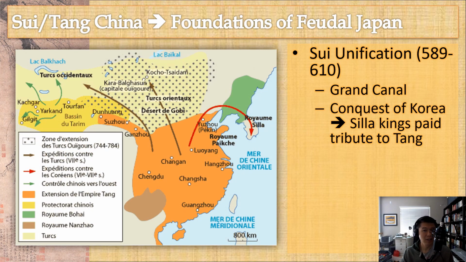This also meant military expansion into the north with great influence into the Korean Peninsula, forcing the local dynasty, the Silla kings, to pay tribute to the Tang, which the governments of China have done for centuries to be able to exact taxes and tribute from lesser states as an illustration of their dominance, but then also to move into the north, whereby they are now connecting with the establishing Silk Road trade routes.